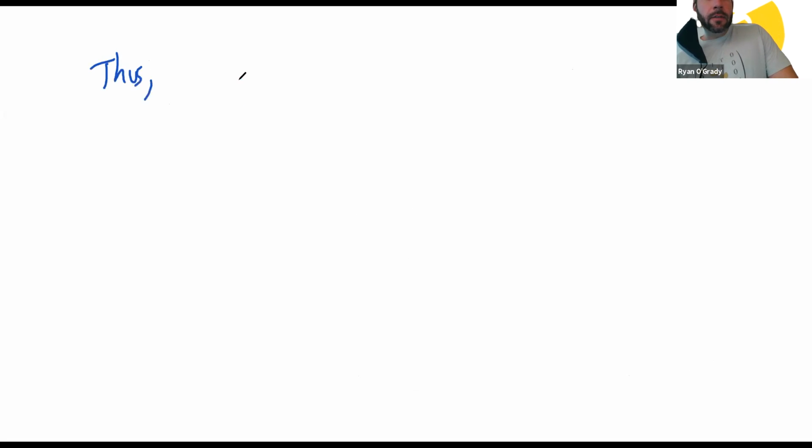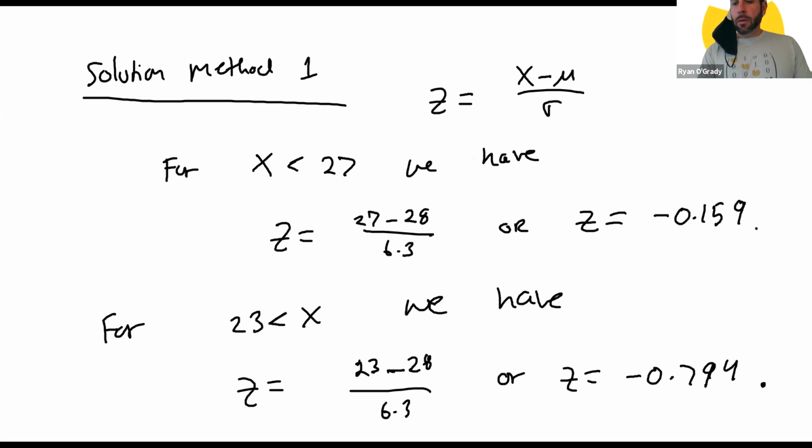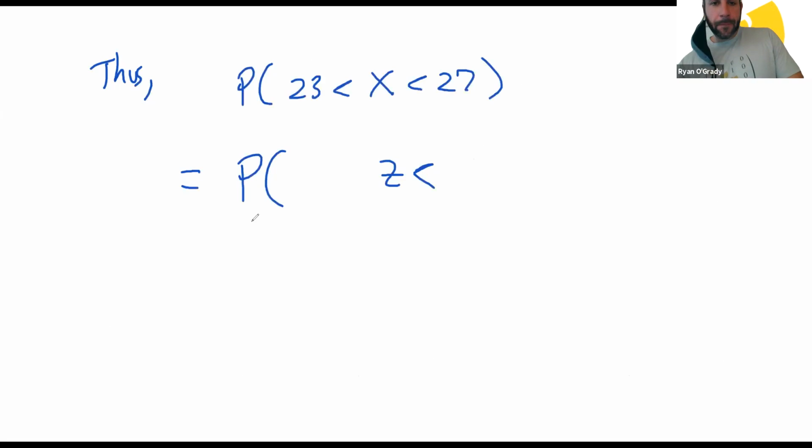One way of writing this is the probability that our random variable X is between 23 and 27 is the same thing as the probability that Z is somewhere between, well, the smaller number is -0.794 and the larger is -0.159.